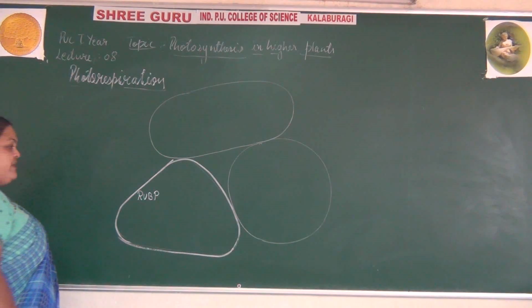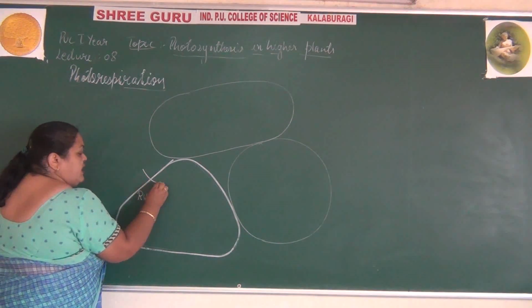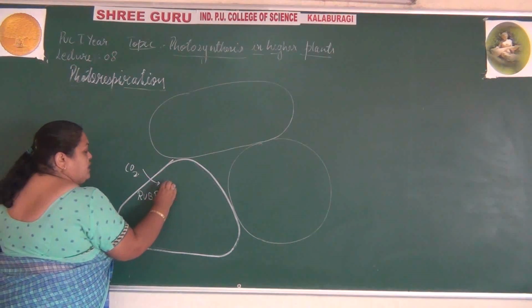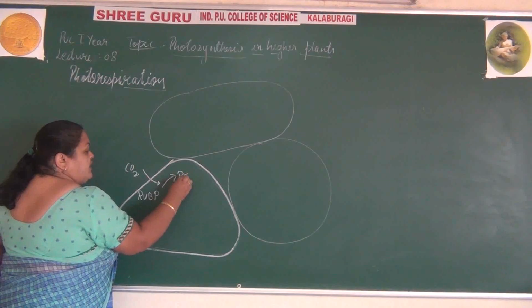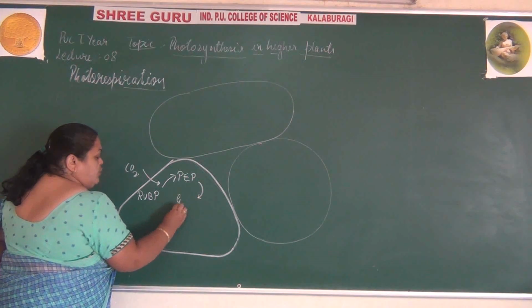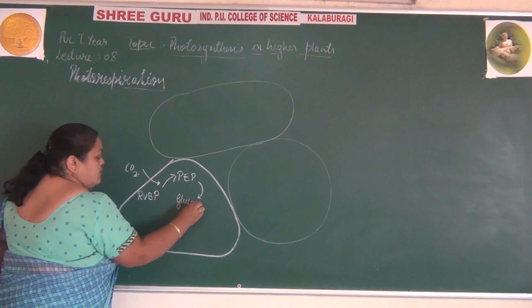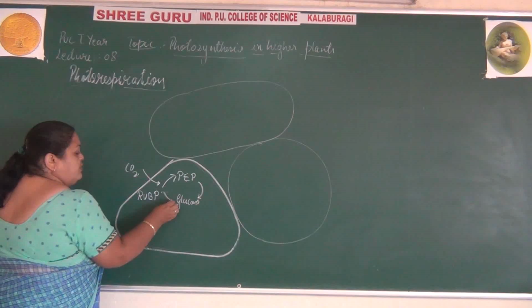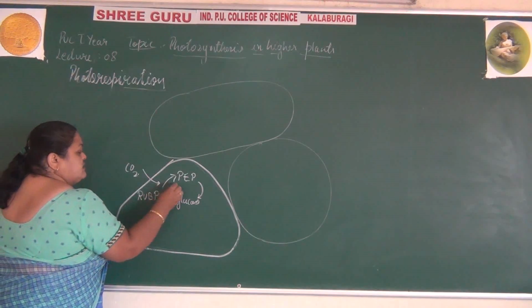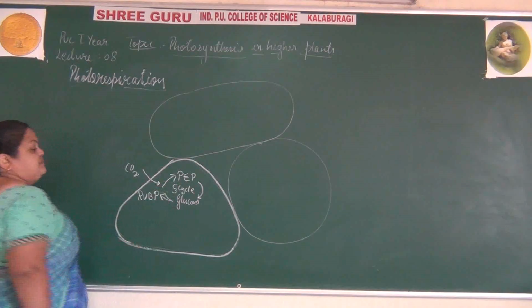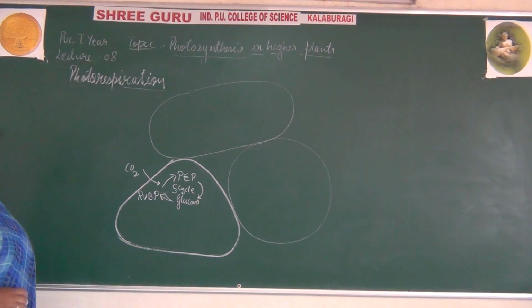When this ribulose bisphosphate undergoes carboxylation, it forms phosphoglyceric acid, which leads to the formation of glucose and regeneration of RuBP. This is the C3 cycle, a normal process.